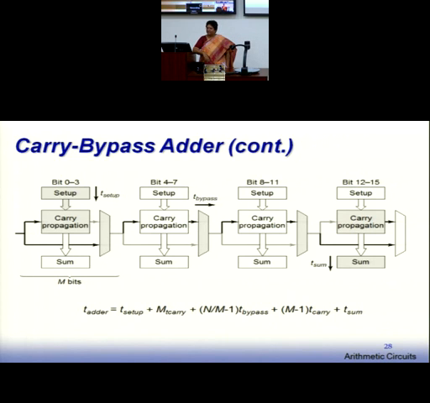Okay, and here if you can make your blocks bigger in size, M can be made larger. Will it help you in reducing T adder? If I make M of say 6 bits wide or 5 bits wide, it depends on me how many bits I am taking in one block.